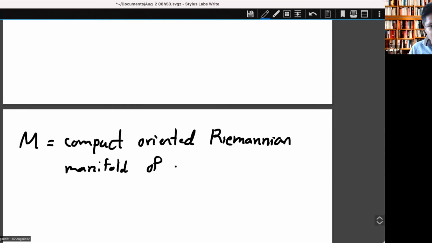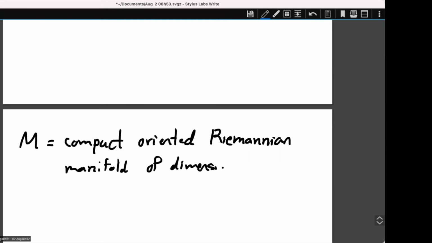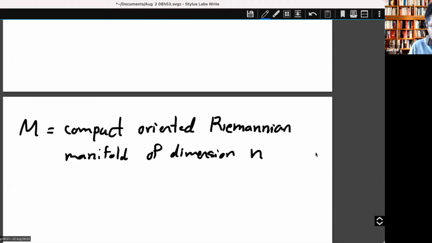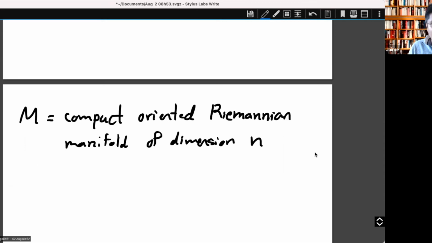Of dimension n, right? Compact and oriented are new conditions. Riemannian is always possible: you can always get a Riemannian metric on a smooth manifold, okay? So that's not something we should worry about. But the other two, yes, we should. We should require the manifold to be compact and oriented, okay?